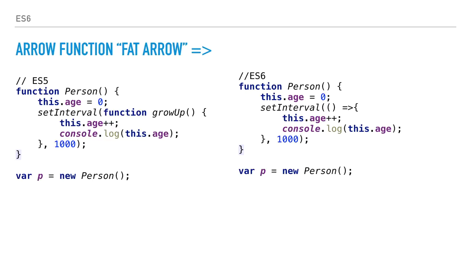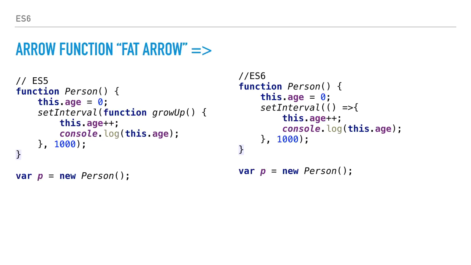So probably you know this case, right? What's the answer? Well, when you print console.log(this.age), the value is null because the this.age inside the setInterval is pointing to the global window, right?